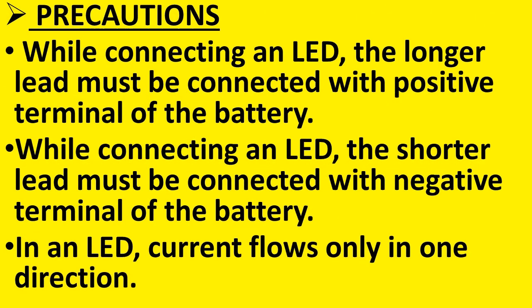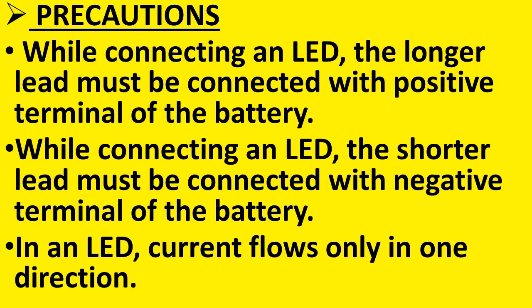Now let us discuss some precautions to be taken while connecting an LED. While connecting an LED, the longer lead must be connected with the positive terminal of the battery. The shorter lead must be connected with the negative terminal of the battery. In an LED, current flows only in one direction.